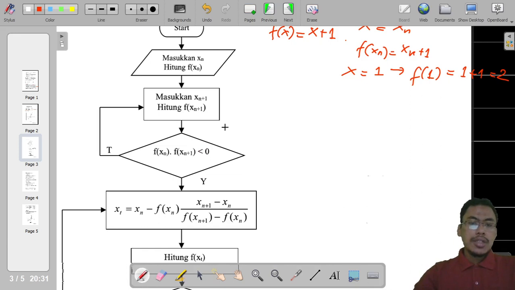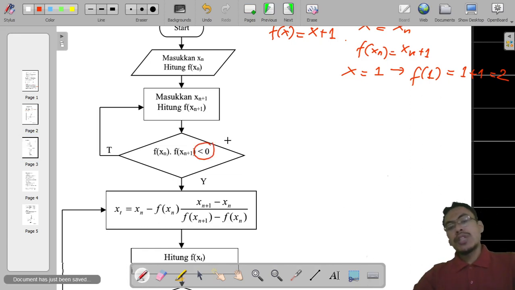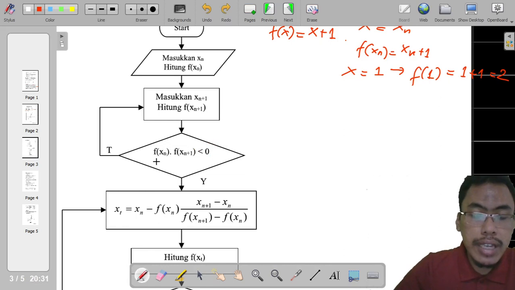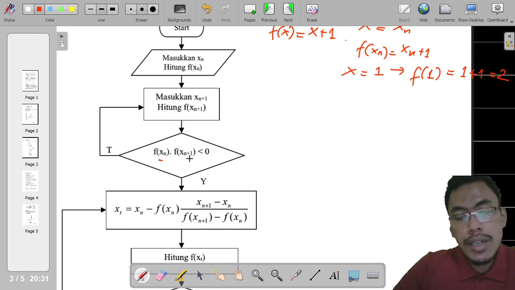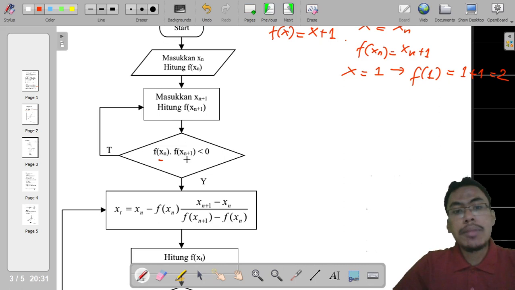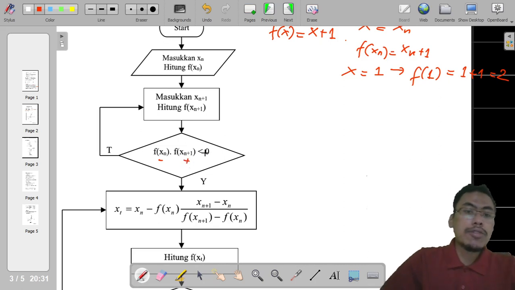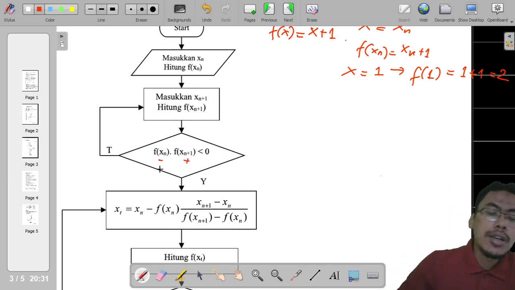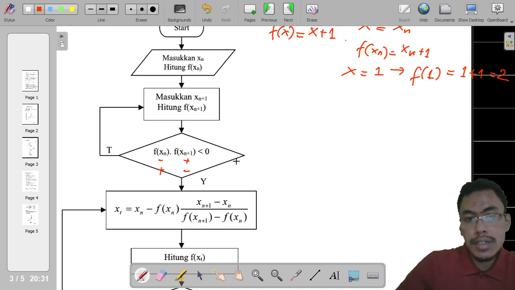To get a value less than 0, the value of f(xn) must be negative and the value of f(xn+1) must be positive, or vice versa. f(xn) must be positive and then f(xn+1) must be negative, because minus multiplied by plus gives minus, and plus multiplied by minus gives minus, and minus is less than 0.